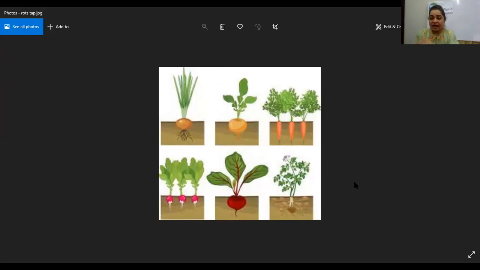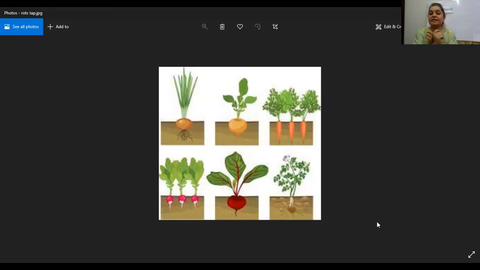So you see the carrot and the turnip and onion and the beetroot and radish and potatoes and sweet potatoes, they are all forms of tap roots, yes. So you should know that when the portion that we eat is root, that is mostly a tap root, right? So that is so amazing that we even eat the root part of the plant, and that is a lot of nutrition.